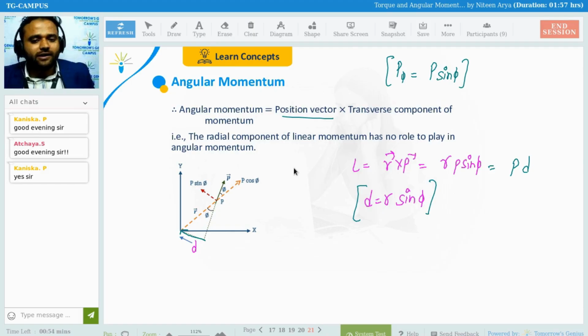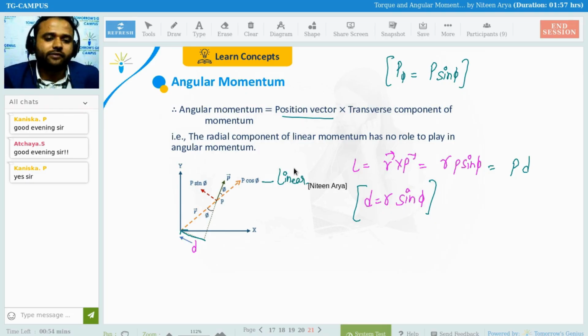So angular momentum is the position vector times the transverse component of momentum, p sine phi. The radial component of linear momentum plays no role in angular momentum. The linear component is the cos term, and that one is the transverse sine term.